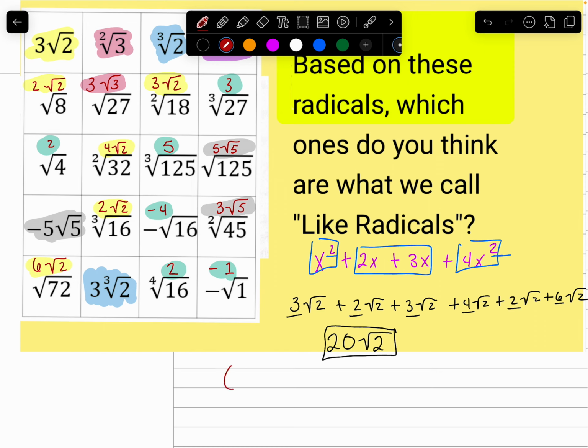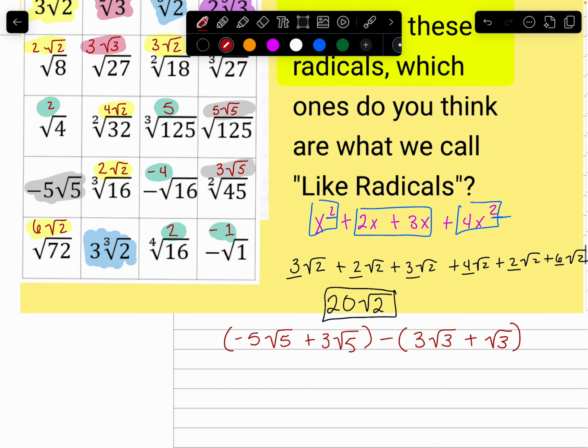If we have parentheses, let's do square root of 5's. Let's do negative 5 square root of 5 plus 3 square root of 5. And then minus, I'm going to look at the reds, 3 square root of 3 plus square root of 3. Remember, when we have variables, let's pretend these are variables.